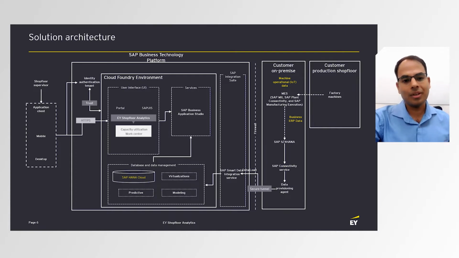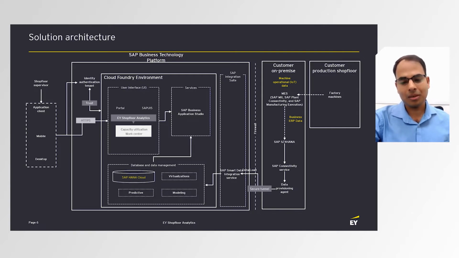So we would like to leverage them in future and ensure that we are able to scale our solution as we go forward. Those were the two major reasons. But let me first of all bring your attention to the customer production shop floor box, which is at the very right, where actually the factory is set up of the customers, and there are sensors and measurement devices installed on top of those machines.